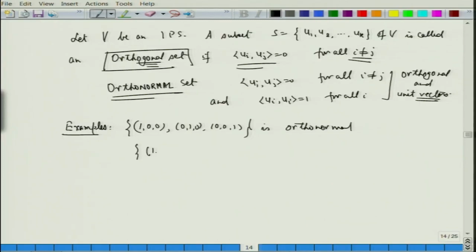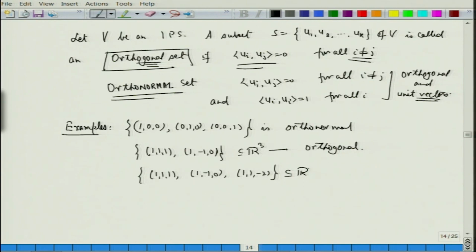Even if I look at the vectors 1 1 1 and 1 minus 1 0, a subset of R3, this is orthogonal. Even the vectors 1 1 1, 1 minus 1 0, 1 1 minus 2, a subset of R3, are also orthogonal.